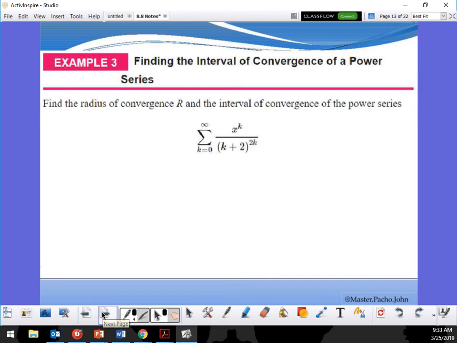Okay, let's try this next problem. Find the interval of convergence of this power series. So what do you want to use for this?